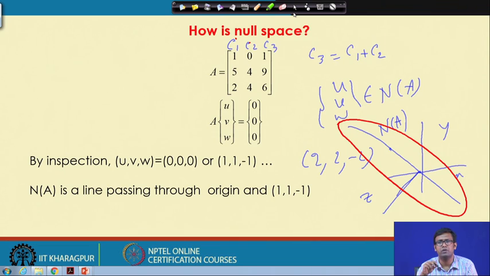So, if I try to find out how the infinite solutions of Ax equal to b look, I can probably utilize the fact that I already have an idea of Ax equal to 0. So, we will find the null space first and then we will see how we can utilize this to find the solution of Ax equal to b.